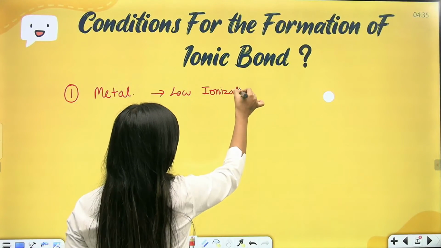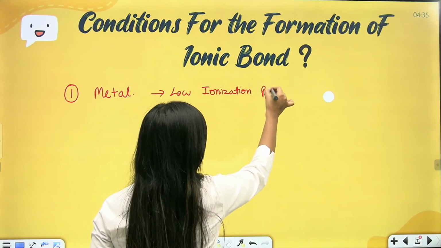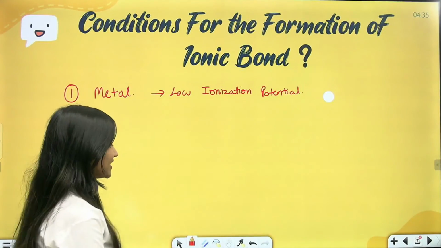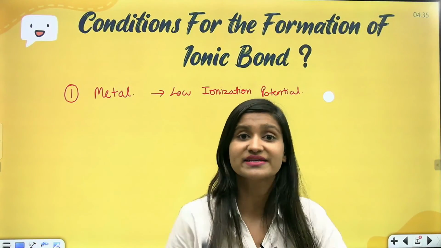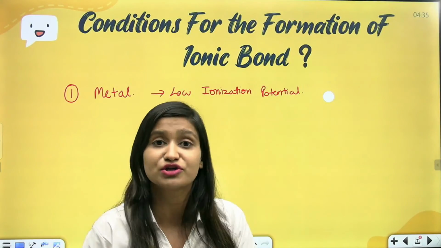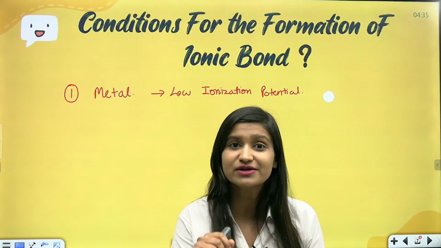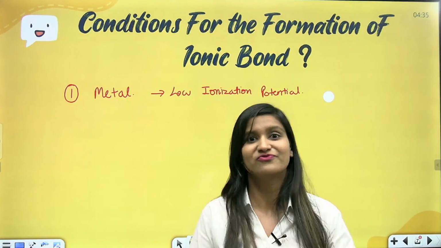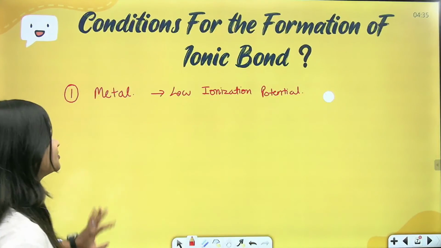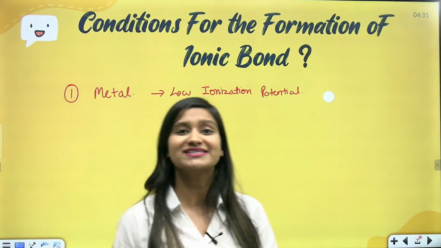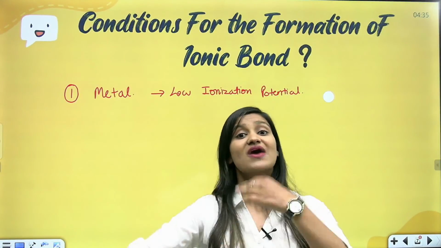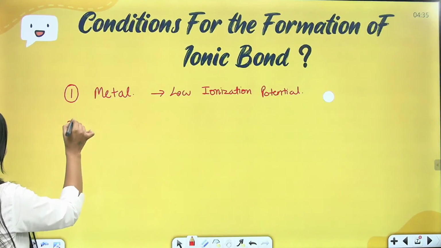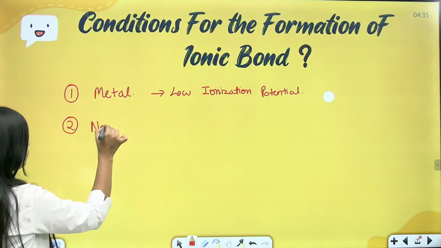Ionization potential is simply the energy required to extract that electron. The lower the energy required, the faster the electron will be extracted. So the first condition is: the lower the ionization potential of the metal atom, the faster the bond will be formed.